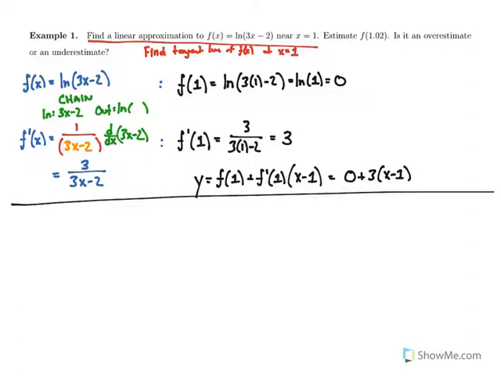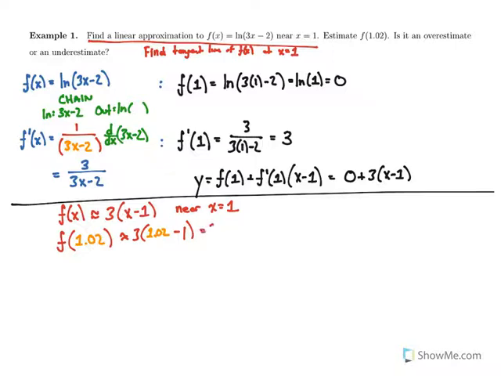So the next question is, what is f of 1.02? Estimate f of 1.02. So we are saying that our function is going to be approximated by 3 times x minus 1 near x equals 1. So f of 1.02 is what we're going to plug in to that approximation.